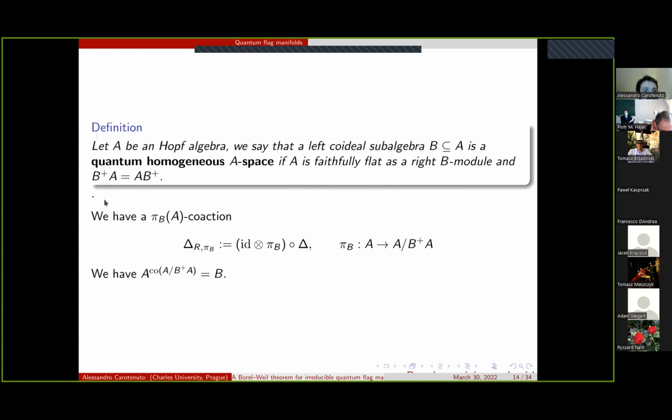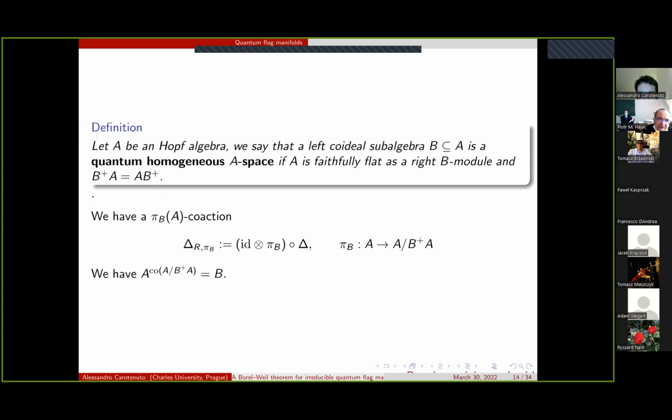And moreover, we require that B^+ A is equal to A B^+. I didn't write anywhere what B^+ is, sorry, but B^+ is nothing other than the intersection of B with the kernel of the counit of A.